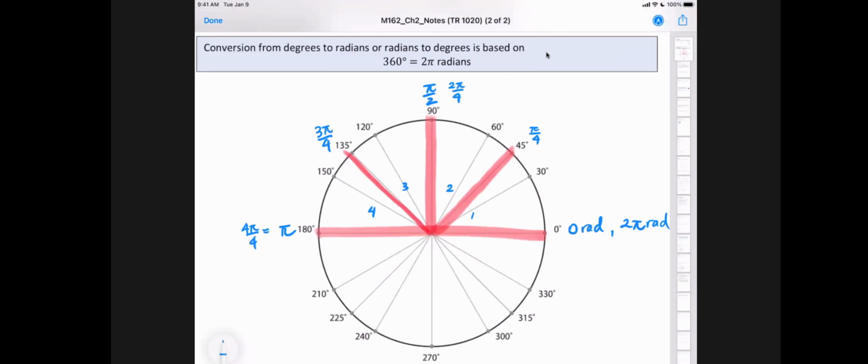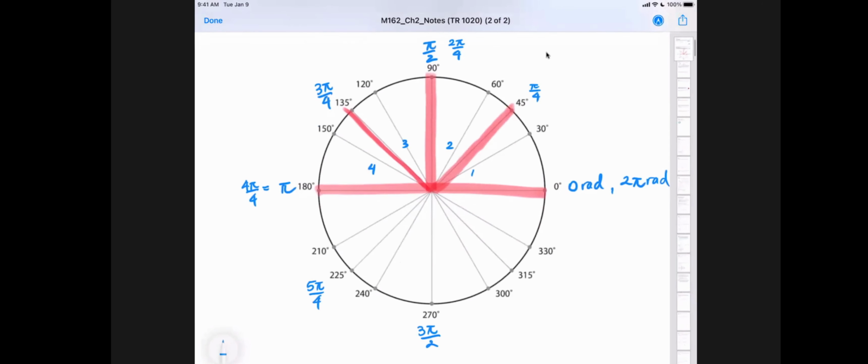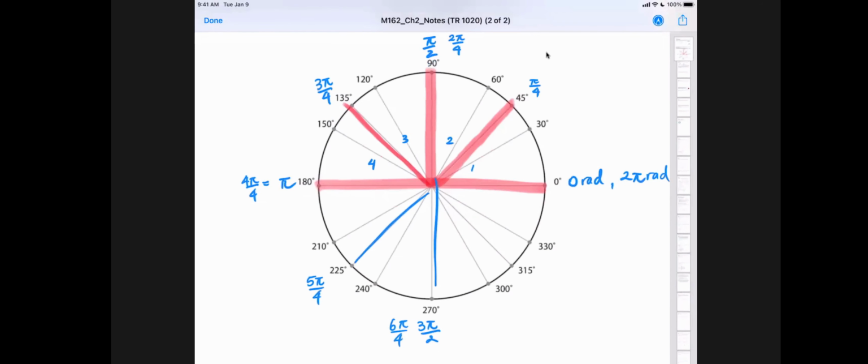Keep counting up: 5 pi over 4 is equivalent to 225 degrees. 6 pi over 4, we're counting by quarters here, reduces to 3 pi over 2. 7 pi over 4 is the next quarter, and that's already reduced.